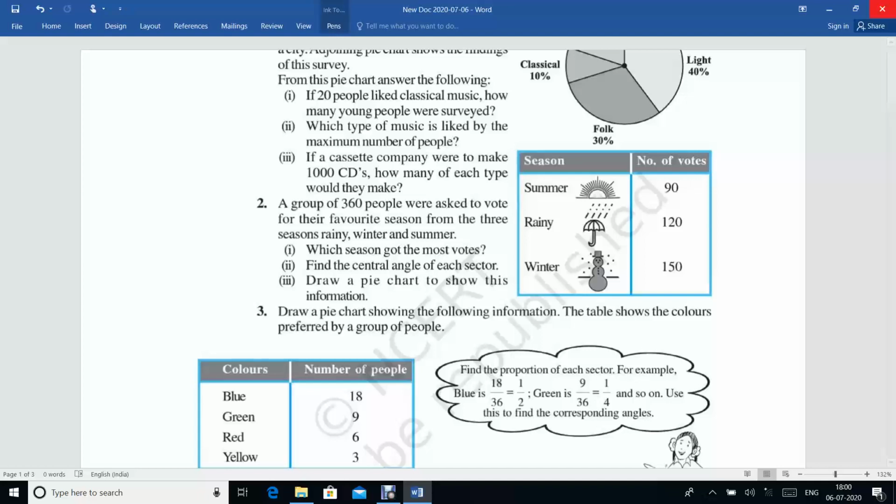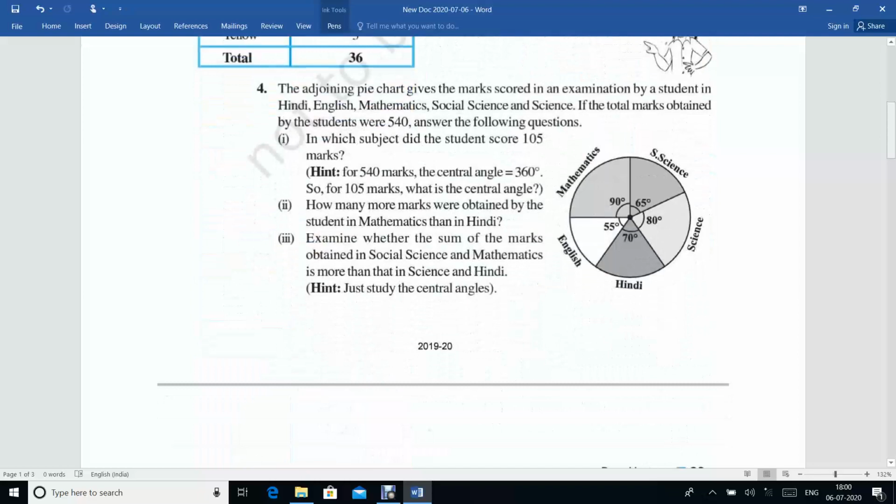Let us move towards the next question, which is question number 4. The adjoining pie chart gives the marks scored in an examination by a student in Hindi, English, mathematics, social science and science.